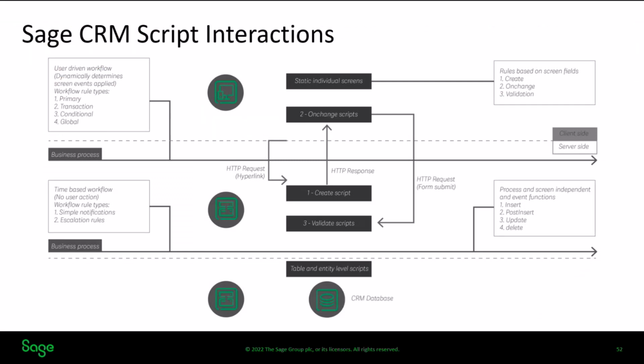So these script interactions for the table and entity level scripts are taking place after the moment of the validate, which is associated with the screens, as the data is being committed into the system. Insert, post-insert, update, and delete.